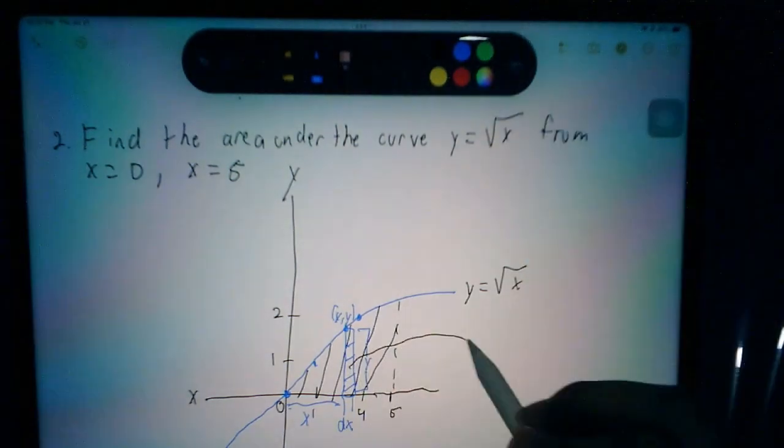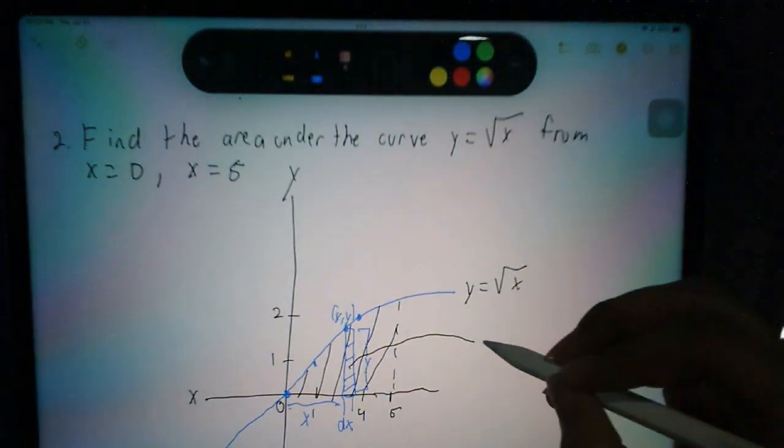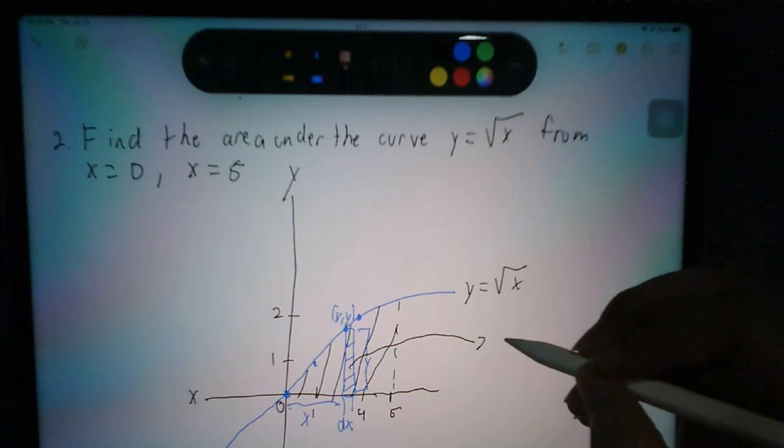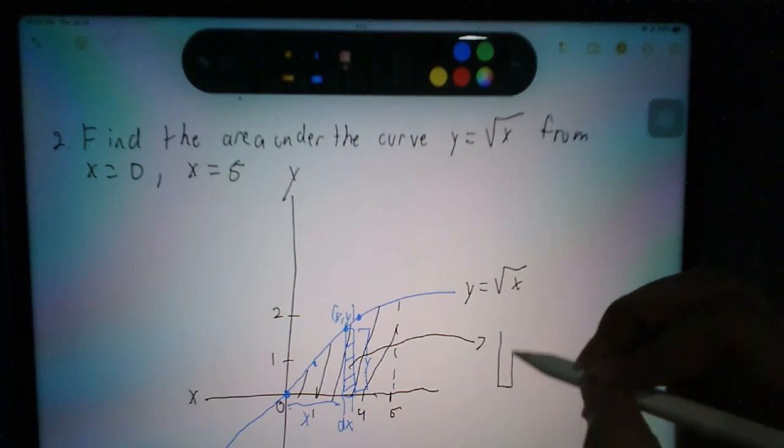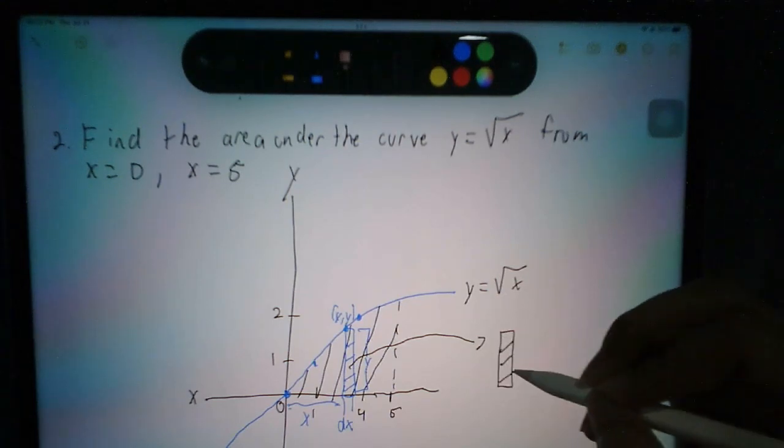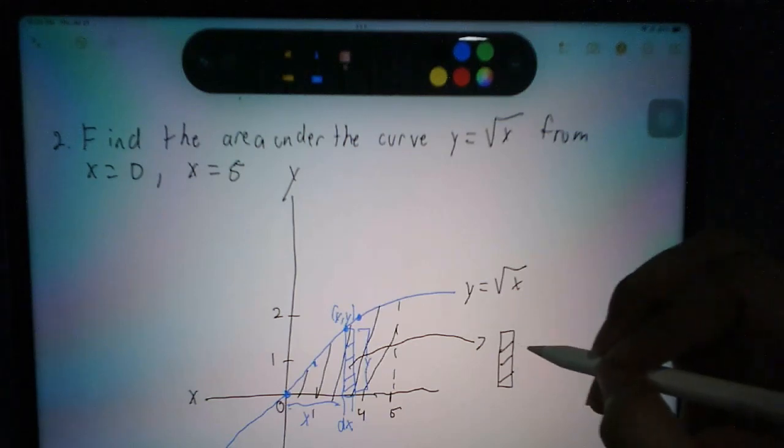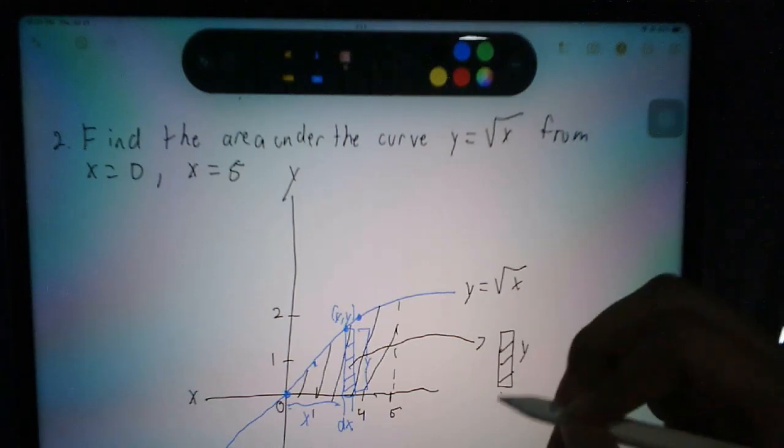Now we are going to take out this vertical strip, and this is y, and this is our dx.